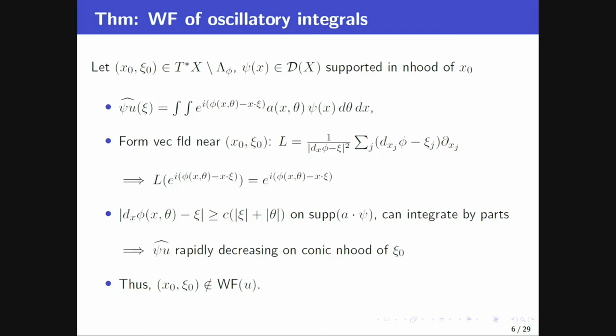So every time we're going to have minus n. And this will help us to show this is rapidly decreasing because of homogeneity, dx phi minus xi is actually bounded below by xi plus theta. Okay, so from here we're going to have xi to the power minus n, which means rapidly decreasing. So indeed the wavefront set of this kind of distribution is in Lambda_phi. We're going to use this later a lot.